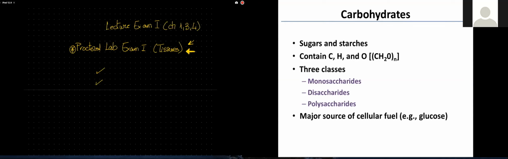Also, don't forget about your courseware Visible Body assignment, which covers the tissue, and this is going to be a very good practice for you before you take the proctored lab exam.